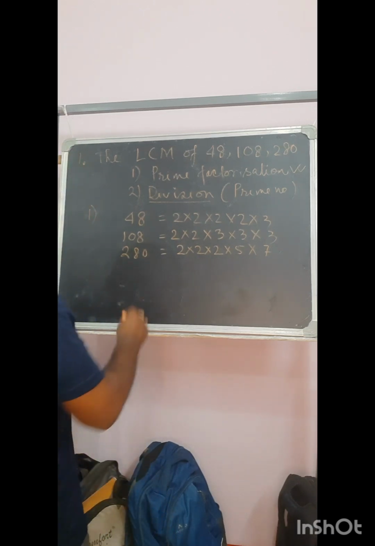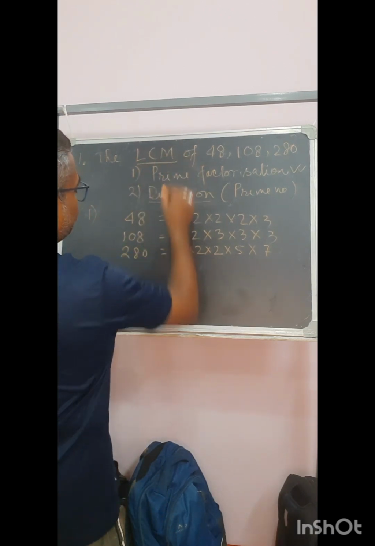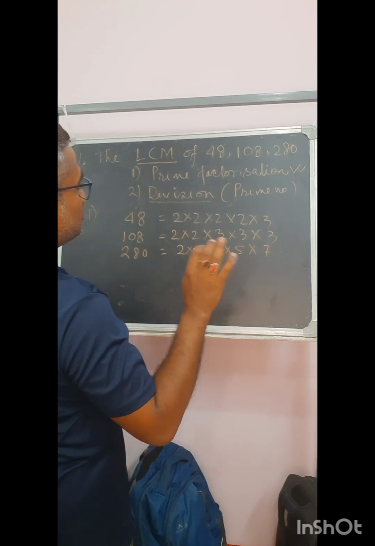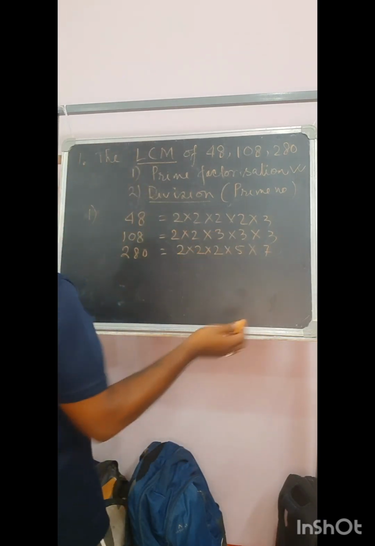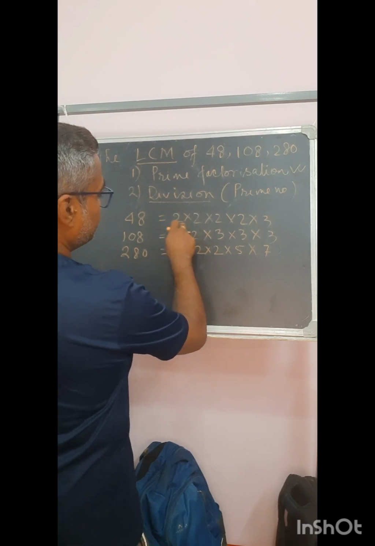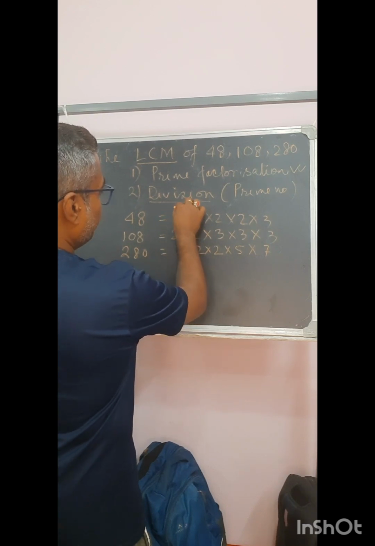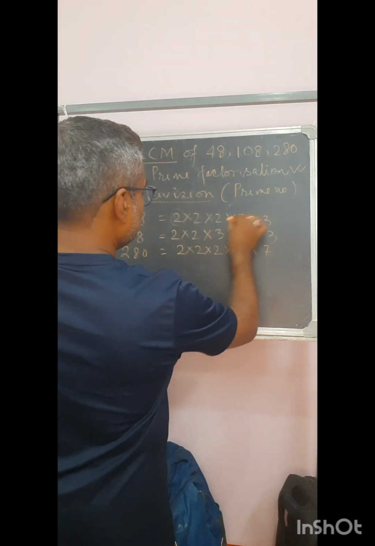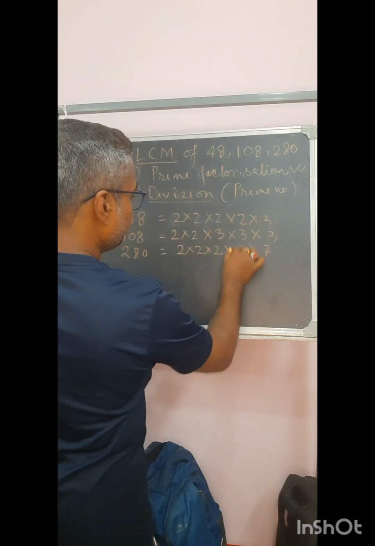Now the next thing is that when you are doing LCM, that means the lowest common multiple, you have to consider all the factors, because the factor 2 is here, 3 is here, 5 is there.